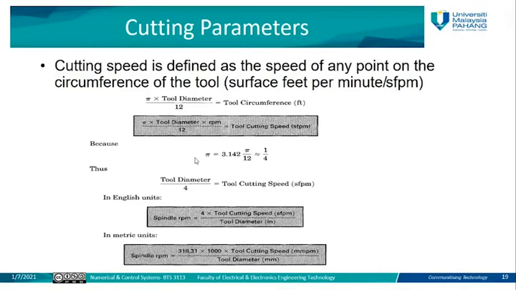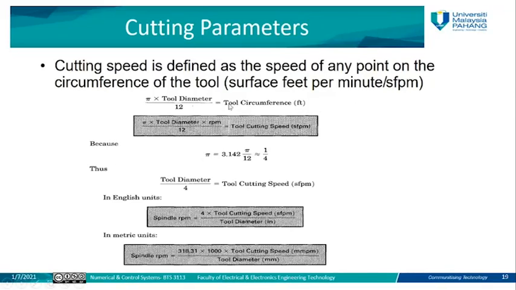In your assignment, as you can see here, the cutting speed is related to the tool circumference, which is measured in feet. It is not measured in millimeters or inches.